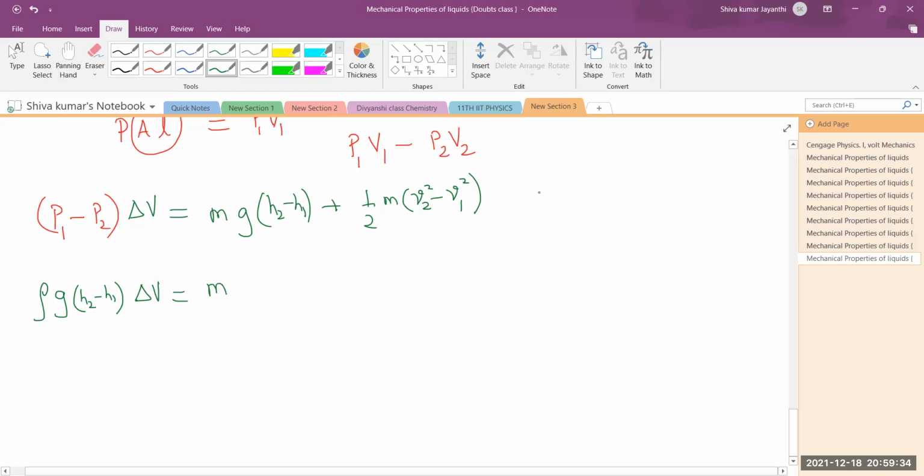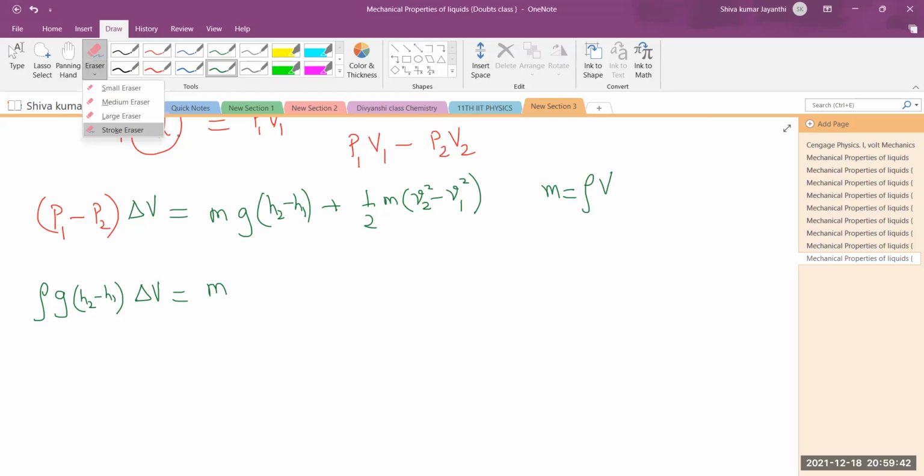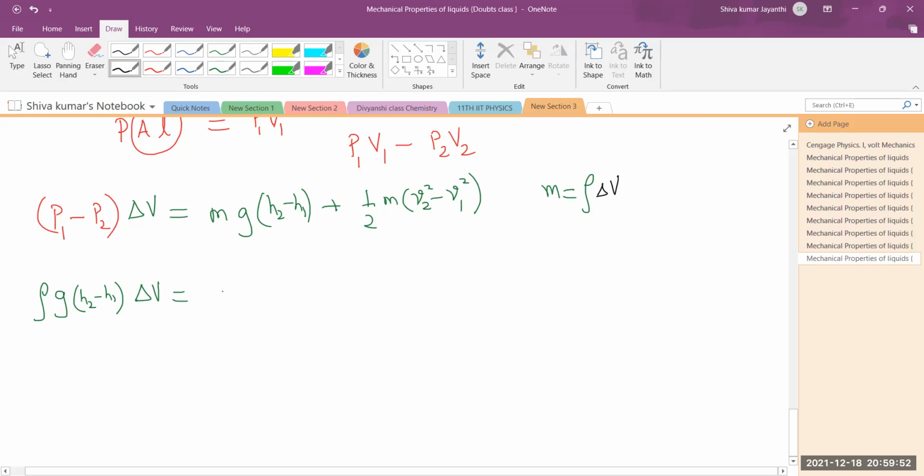What is mass? Mass of the fluid means density into volume, which is delta V. The small mass of the fluid that's entering is the same. So in place of mass I will write rho delta V.